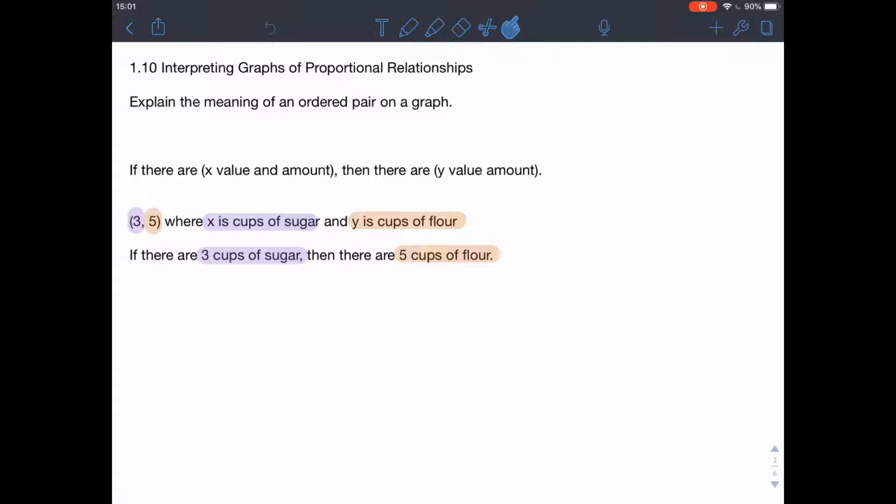For example, if we had the ordered pair (3, 5), where 3, our x value, is the number of cups of sugar, and 5, our y value, is the number of cups of flour, then we could explain the meaning of our ordered pair by saying, if there are 3 cups of sugar, then there are 5 cups of flour. We don't just want to list out our amounts and their units. We want to make sure that we are connecting them. That's saying if we have the x amount, then we have the y amount.